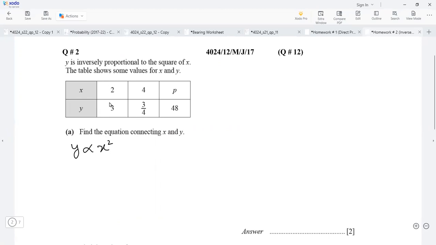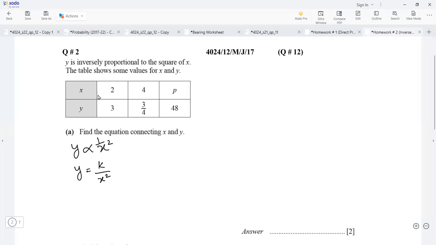Basically, it's an inverse proportion, so it's 1 over x squared. So y equals k times 1, which is k, divided by x squared. In the next step, we look at which two values are given, meaning when x is this, y is this, from the table.